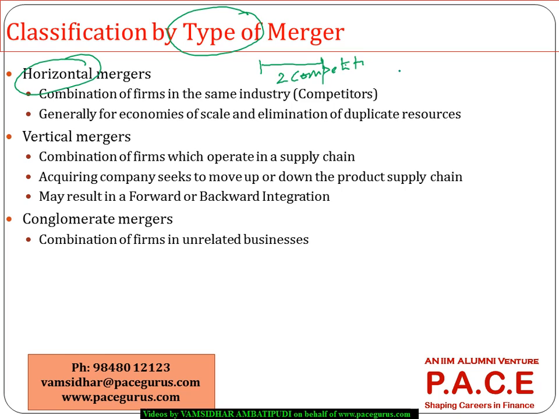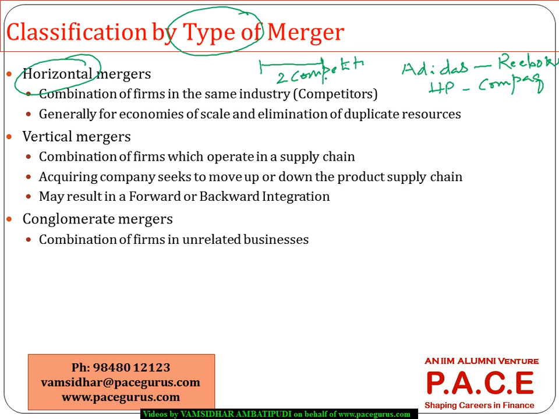Probably Adidas taking over Reebok, two companies in the same industry, right? Or HP taking over Compaq. So for these kinds of mergers, whether it is a statutory, a subsidiary, or a consolidation, I am not bothered about that when I am looking at it from the perspective of the type.